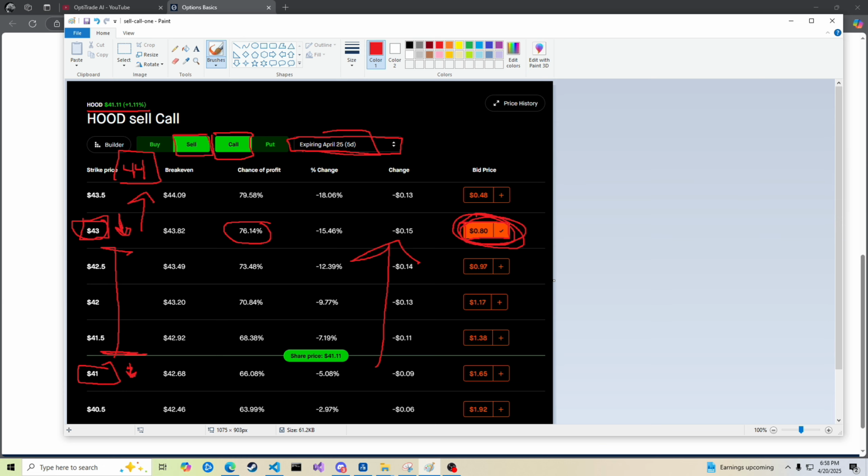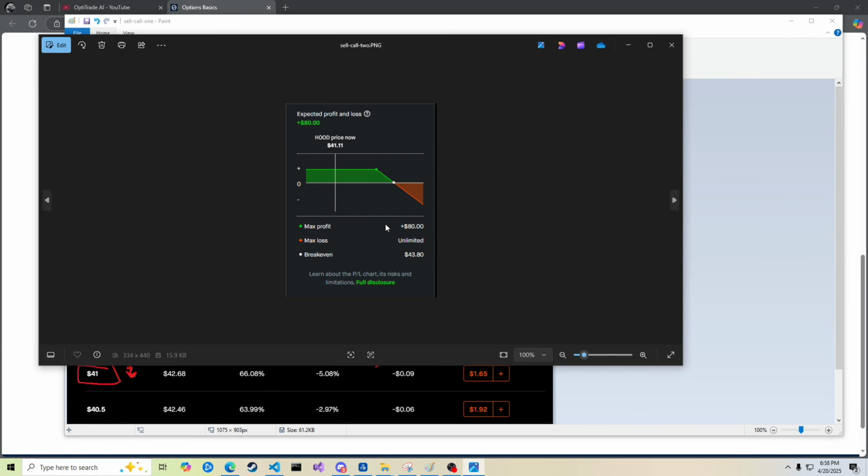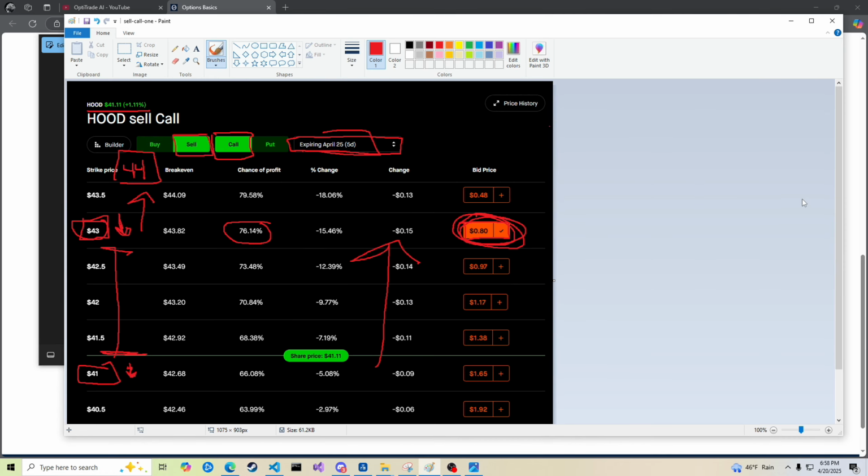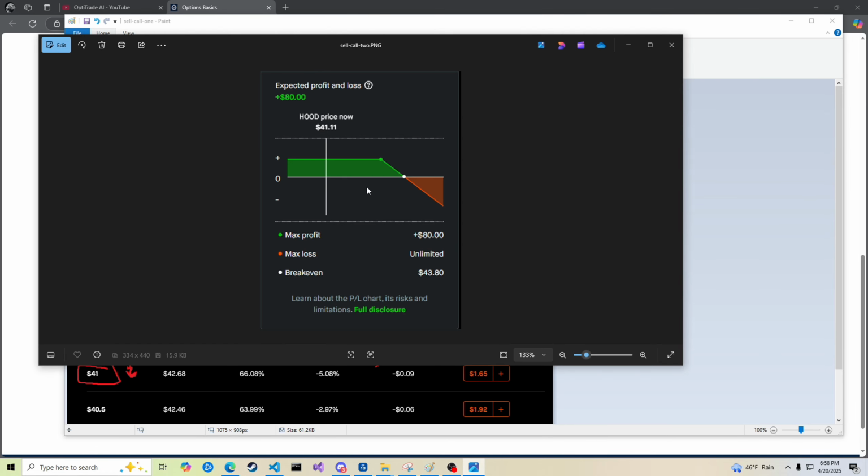So if we look at the P&L graph, maybe this will help make this even more clear. The stock is currently trading at $41. You have your covered call at, what did we say, $43. And so as long as the stock stays below $43 in this green zone and anything lower, you're going to hit that max profit on that premium.